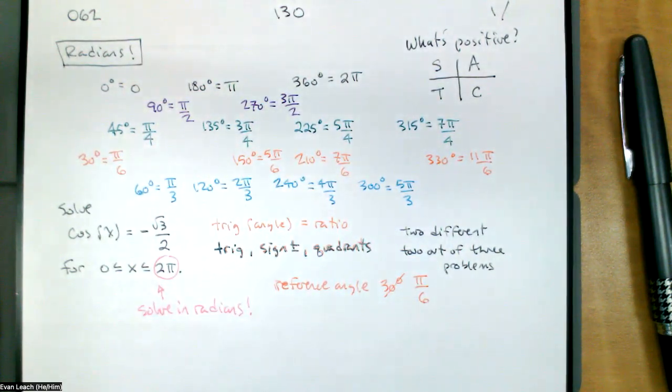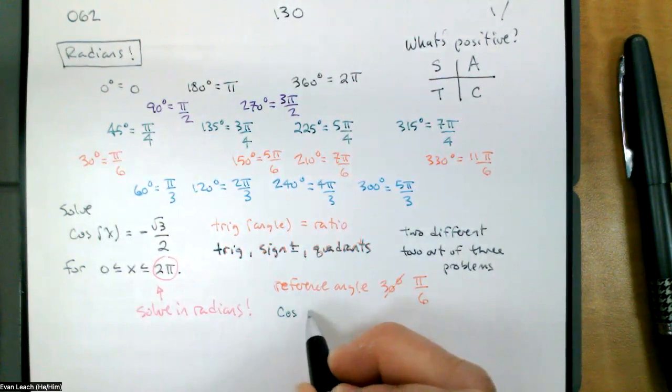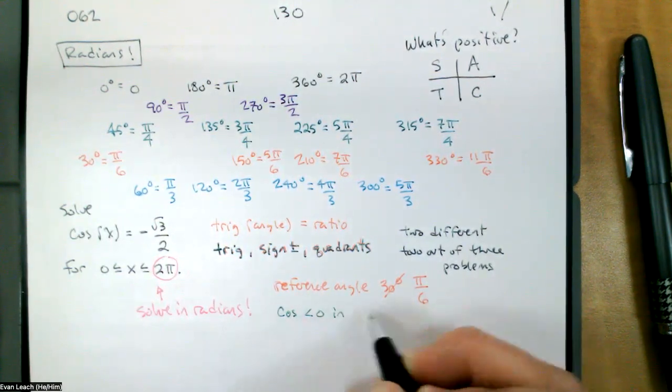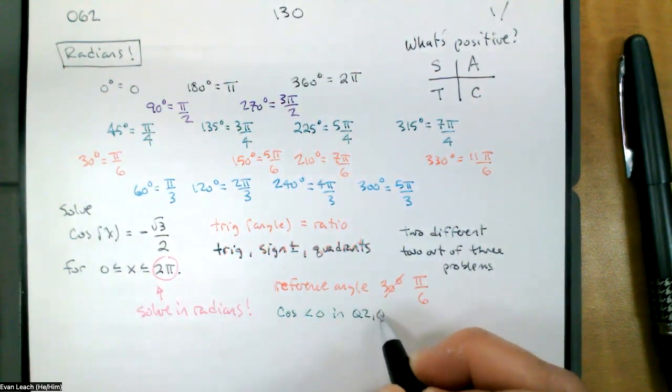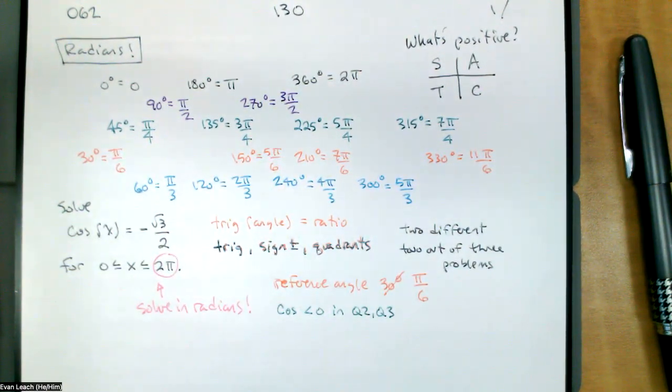Next, we have cosine is negative. And where is cosine negative? Cosine is negative in quadrant 2 and quadrant 3. So what I want to do is put pi over 6 in quadrant 2 and quadrant 3.